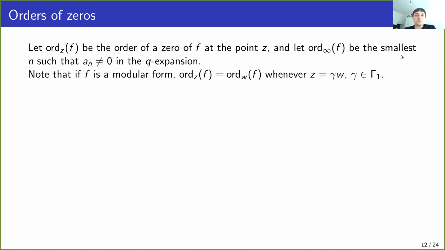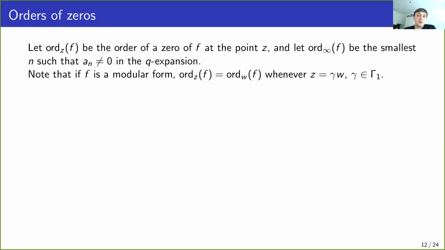so first of all, I have to say a little bit. So we can define the usual order of vanishing of f at any given point. And it makes sense, except, well, we want to talk about the order of vanishing at the orbit. But because the transformation law for the modular form involves this factor (c tau plus d) to the power k, it's easy to see that this thing doesn't vanish anywhere in the upper half plane.